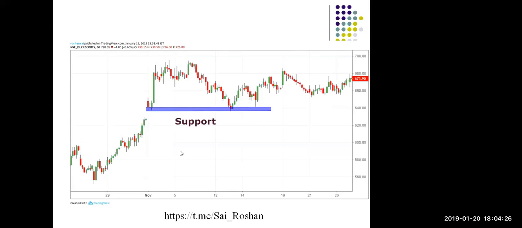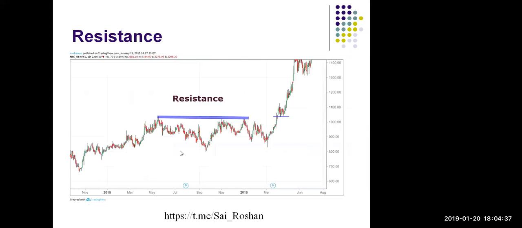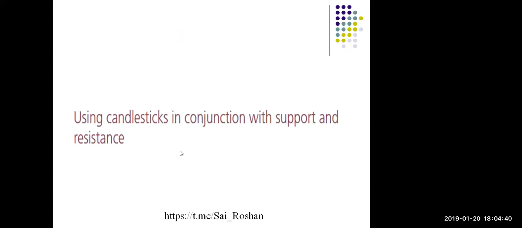At the support you find either a doji or spinning top or hammer, you are doubly sure that it's going to bounce up, and you can easily make a lot of points out of it. So using candlesticks in conjunction with support and resistance, there is nothing like that. Trading becomes easier, and you need not sit each and every minute in front of the system. So this is about the support and resistances and the importance of support and resistances.